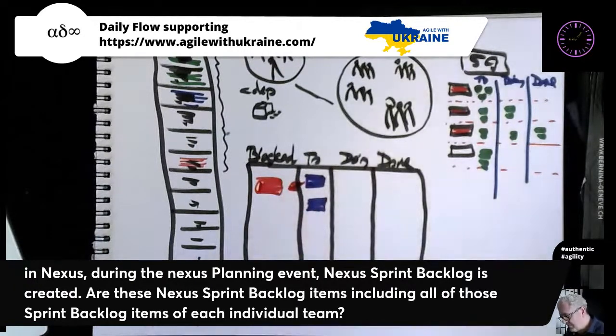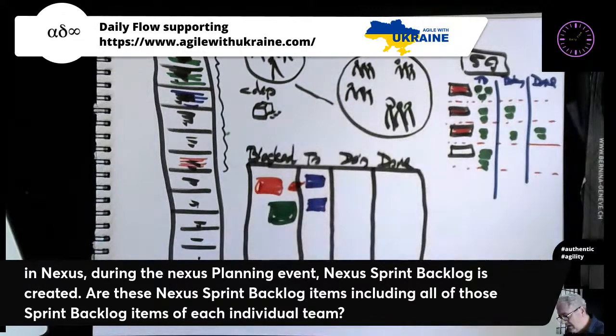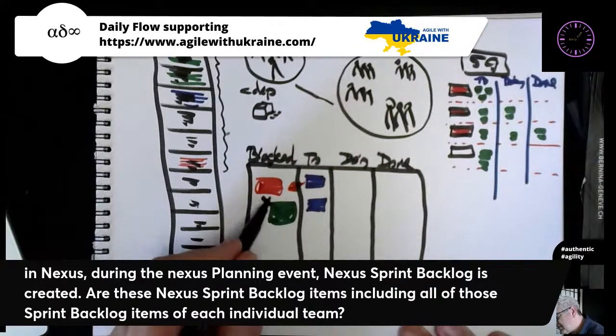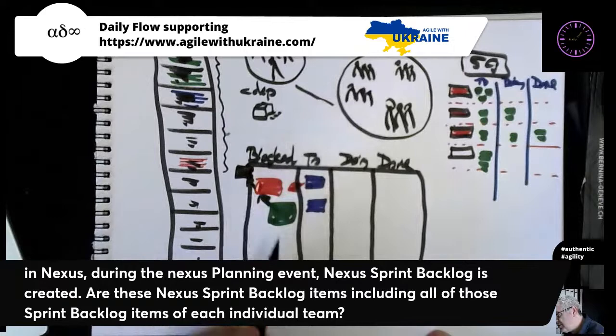But if there was some other item in there, let's say if you had a green item, for example, normally you'd show the number and all that kind of stuff. But essentially, you might be saying, well, this one can't start because it's depending on this one, and this one can't start because maybe it's depending on this other one as well. And so essentially, the Nexus Sprint Backlog will be the composite of all the product backlog items in the sprint, not the entire product backlog, all the product backlog items in the sprint.